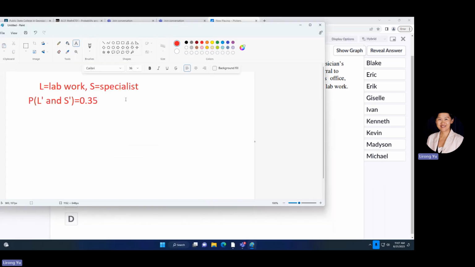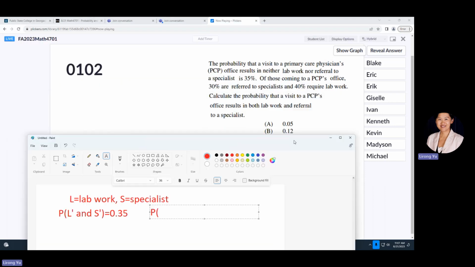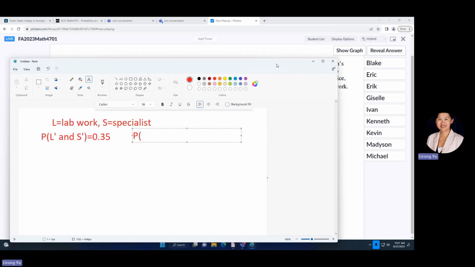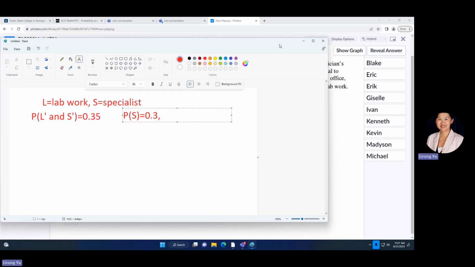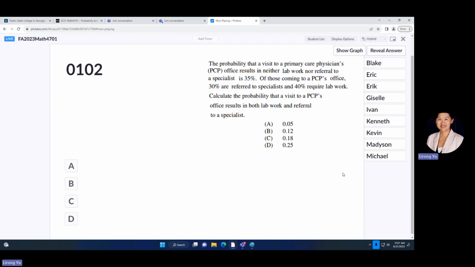So you can shorten that as P of S is 30%, and P of L is 40%. So S and L are the two events we're talking about. This is trying to write out all the information in a slightly more concise way.